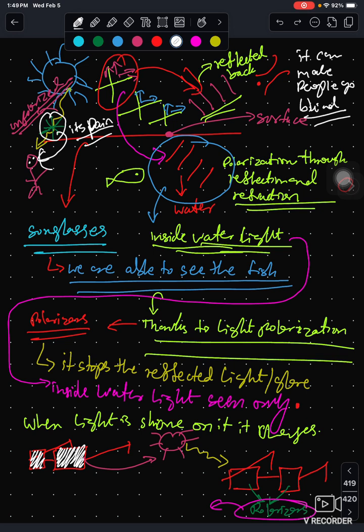Without glasses, you should never look straight into the sun. It gives a huge headache, pain, and a lot of health issues. So it's better not to look straight into the sunlight without any protective glasses.